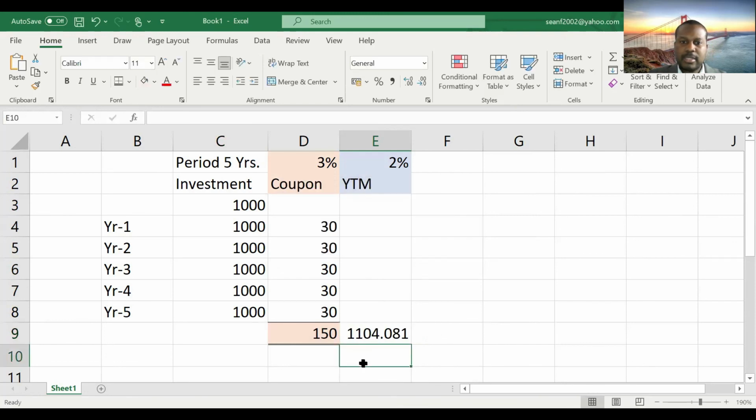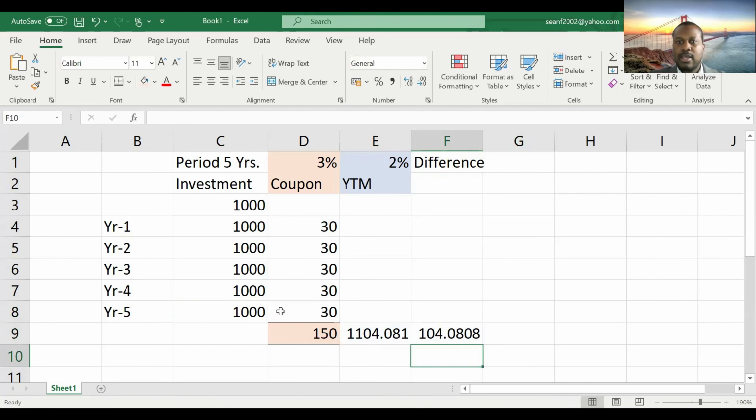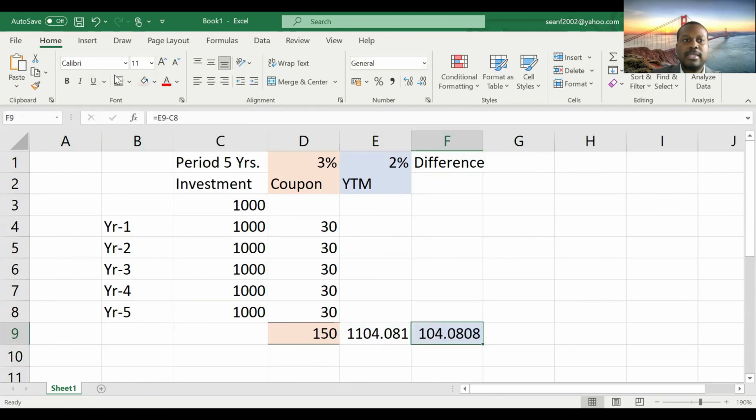Yes, they're asking me if I'm multiplying it. Yes. So if we were just trying to find the difference, let's do the difference so we can see exactly what happened. So this minus the 1,000, and that's where we can see here that we got a return under this scenario of 104.